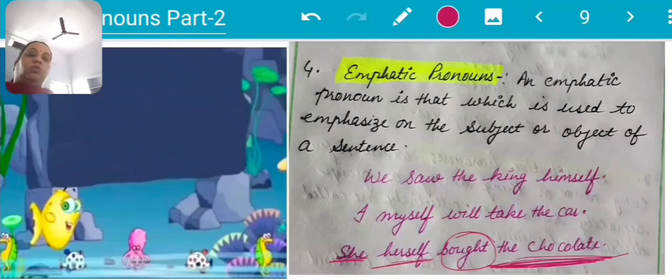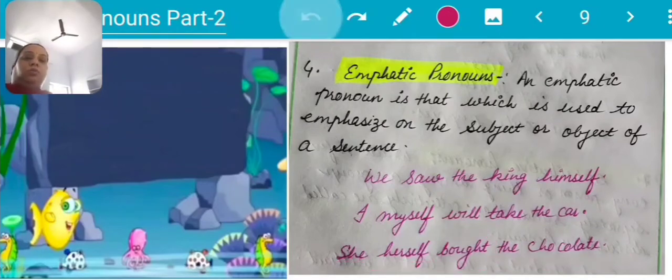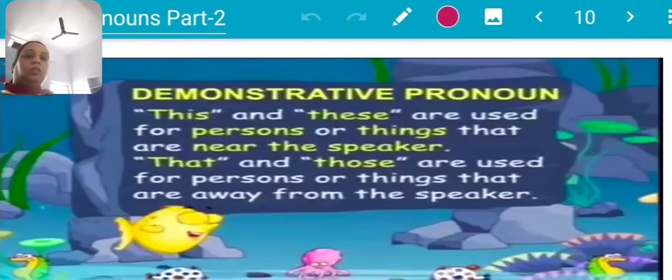That's why it is used: "She herself bought the car." So keep in mind that when words like myself, herself, itself, ourselves act as an object, then it is reflexive. But when these words are used to give stress, then they work as emphatic pronouns. I hope you understand this.